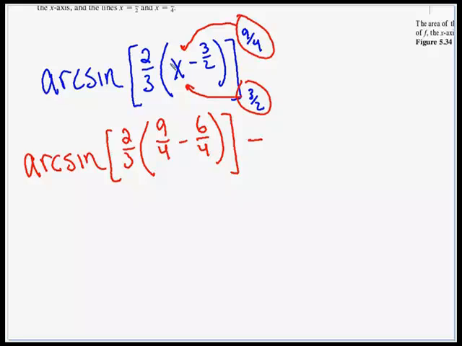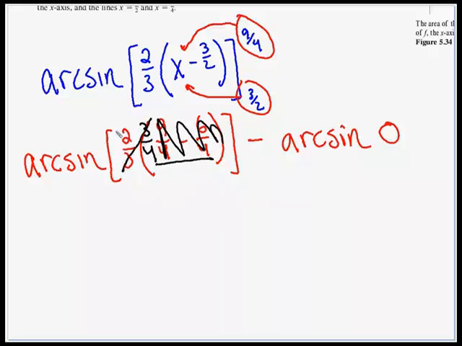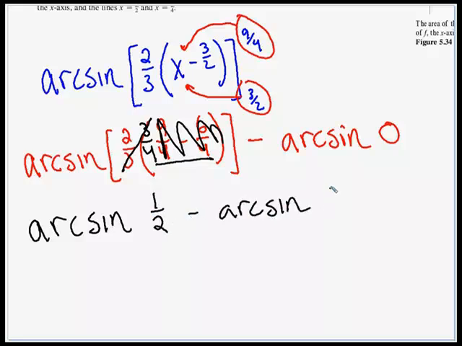When the 3 halves goes in, we're going to have 3 halves minus 3 halves is 0, times 2/3 is 0, so it's the arcsine of 0. In these parentheses, 9/4 minus 6/4 is 3/4. So this is all going to become a 3/4. The 3's will cancel, and we're left with 2/4, which reduces to a half. So we have the arcsine of a half minus the arcsine of 0.